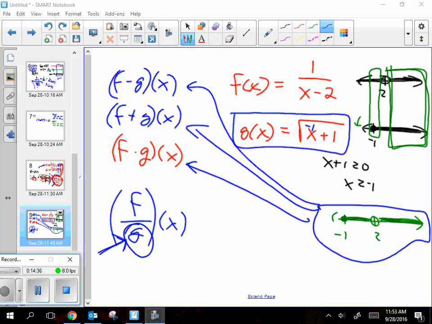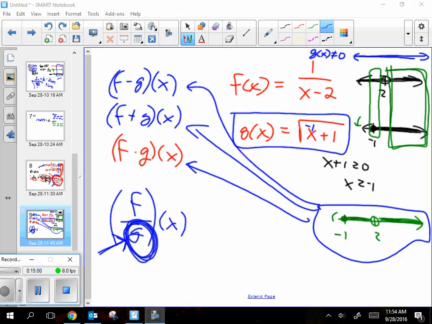So whenever you're dividing, you have to add in a 3rd number line to overlap. And that's going up here. And that's that the denominator here, g of x cannot equal 0.